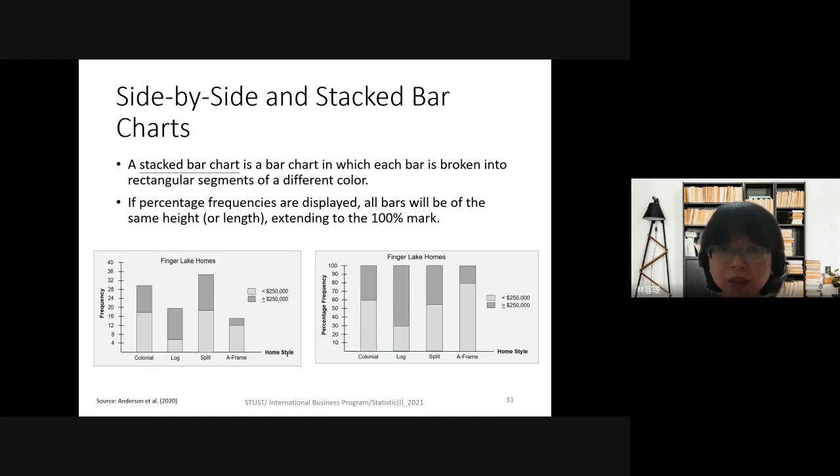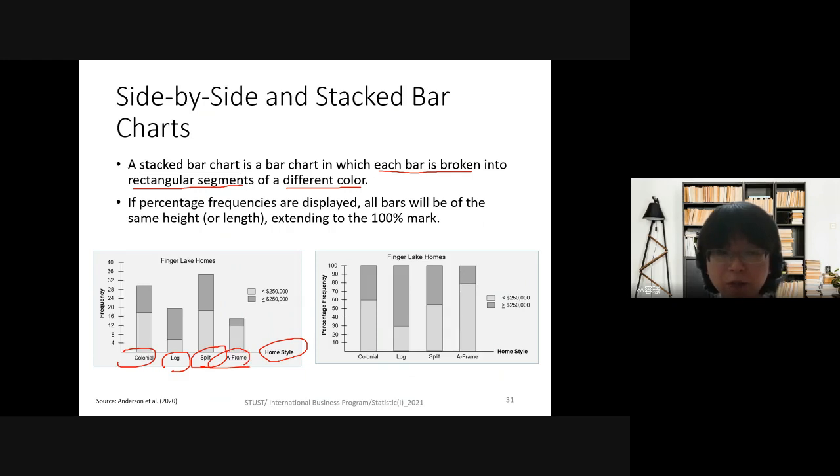The other one is the stacked bar chart. You will find in such a chart, each bar will be broken into different rectangle segments with different colors. For example, here you will find some home styles. They may be colonial, log, split, or A-frame.